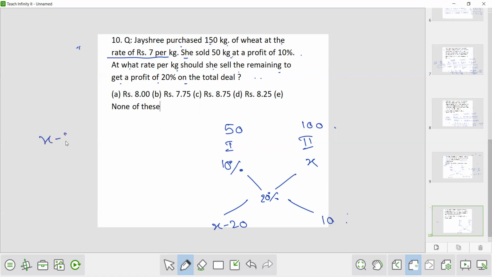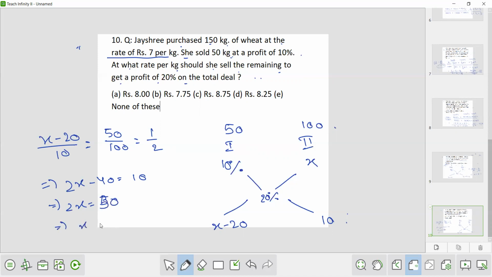Now (x minus 20) upon 10 is equivalent to 50 by 100, that is equivalent to 1 by 2. Now 2x minus 40 is equivalent to 10. Now 2x is equal to 50. So x is how much? 25%. Now quantity 2 is sold at a profit of 25%.